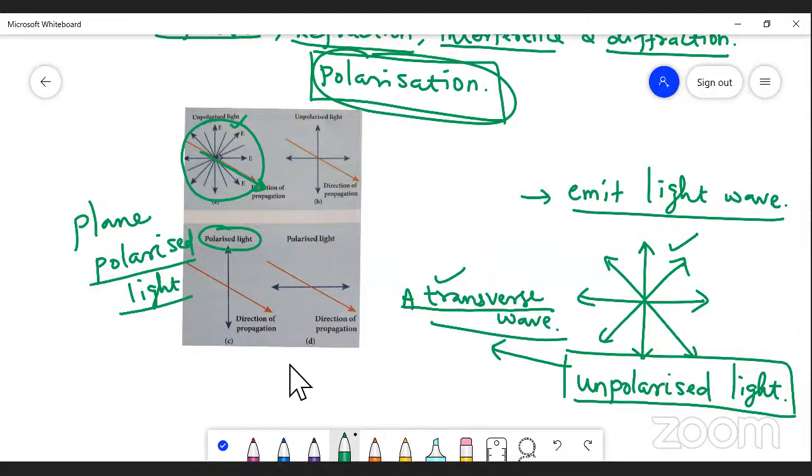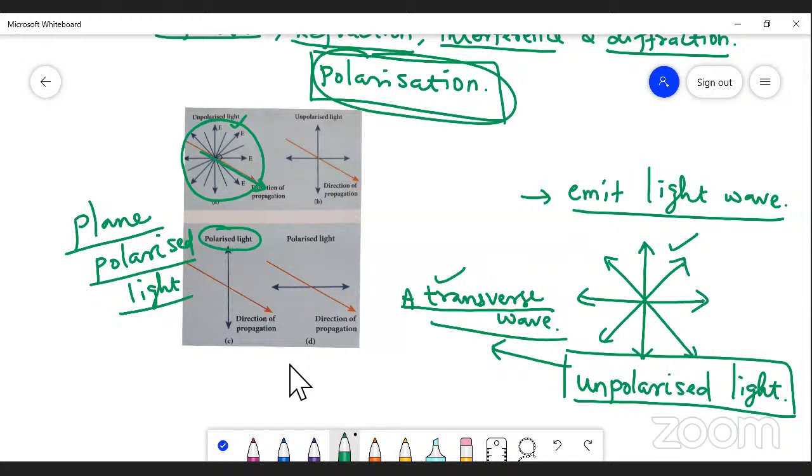Please listen. A light which consists of vibrations in only one direction, in a single plane which is perpendicular to the direction of the propagation of a wave, such a light is called polarized light.